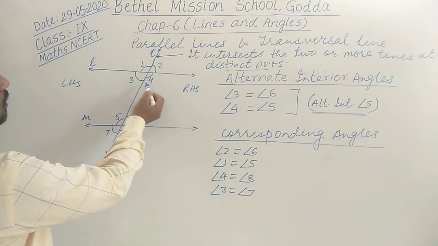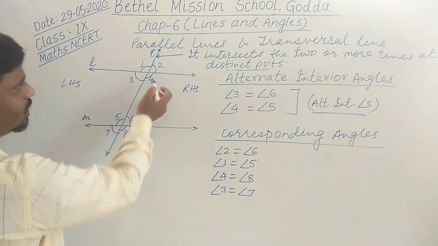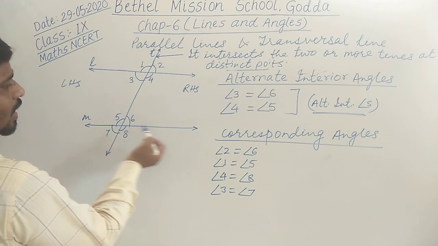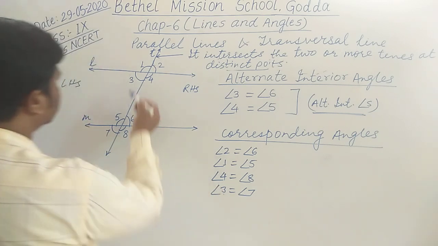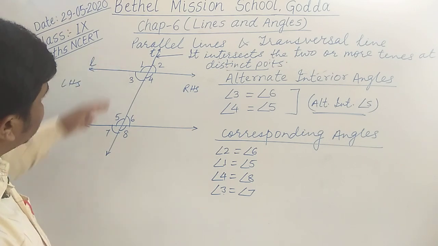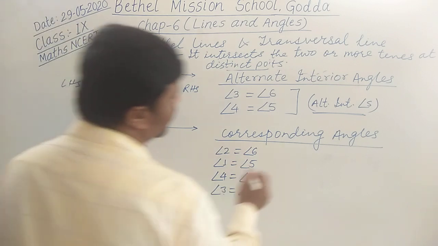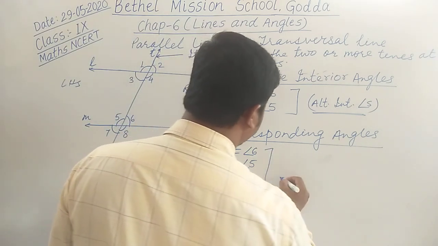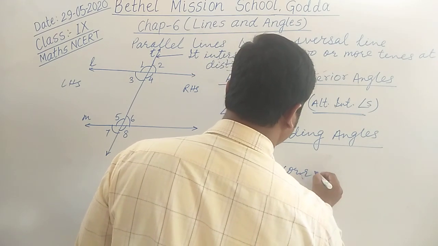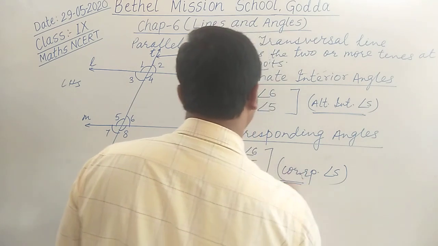Angle 4 and angle 8 are both on the same side, but one is inside the first line and another is exterior of the second line. 3 and 7, same side, but one is just interior of the first line and another is exterior of the second line. So this type of angles are called corresponding angles.